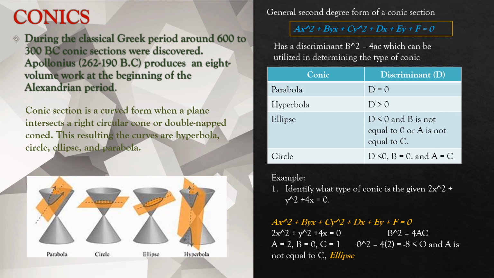So 2 times 1 is 2, and this will be 0 minus 8. Since our discriminant is negative 8, it is less than 0, and we can see that a is not equal to c, so this is an ellipse.